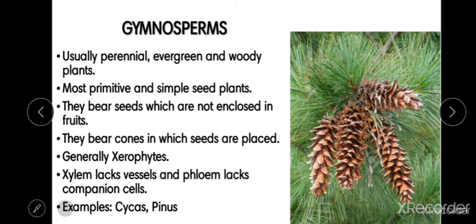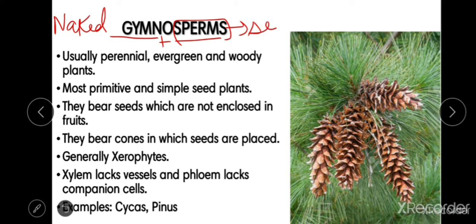Actually, Gymnosperms is formed from two words, gymno and sperma. Gymno means naked and sperma means seed. So we can say these species have naked seeds. In this picture, we have already learned that these trees are evergreen, woody, and perennial.